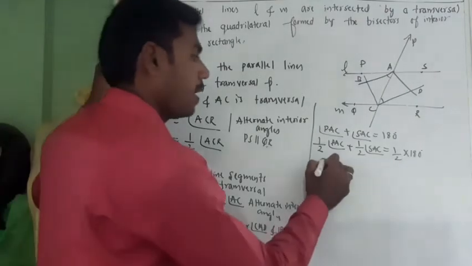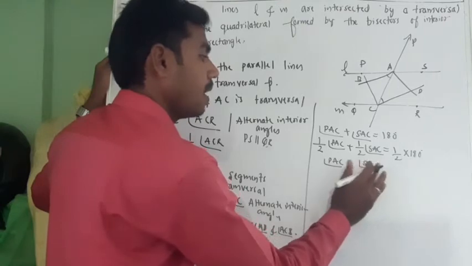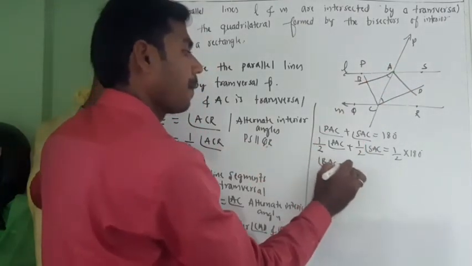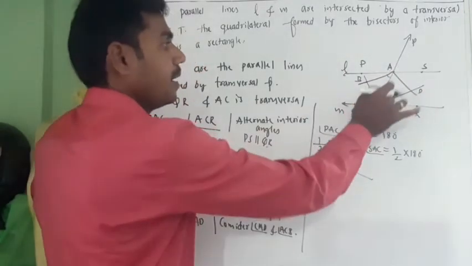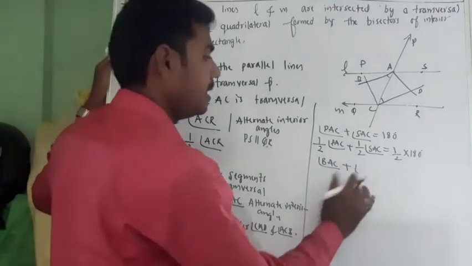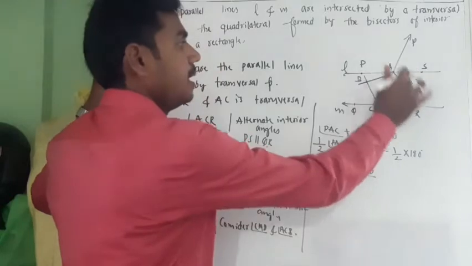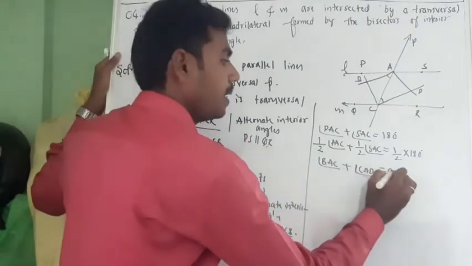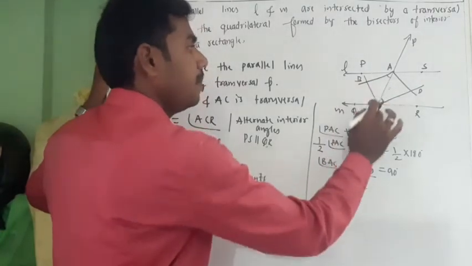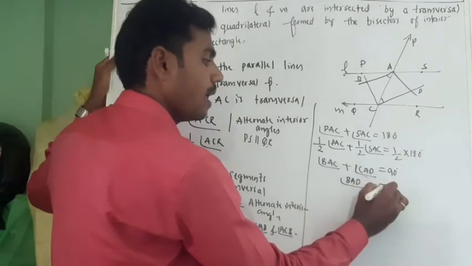Half of angle PAC is nothing but angle BAC, plus half of SAC is nothing but angle CAD. Angle BAC plus angle CAD, which is nothing but BAD, is equal to 90 degrees.